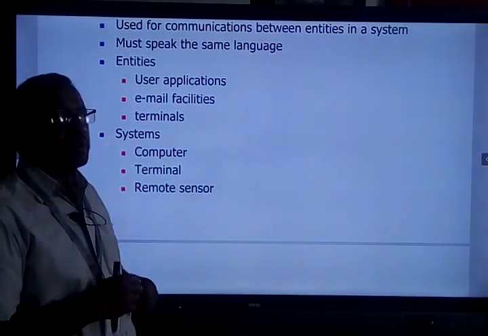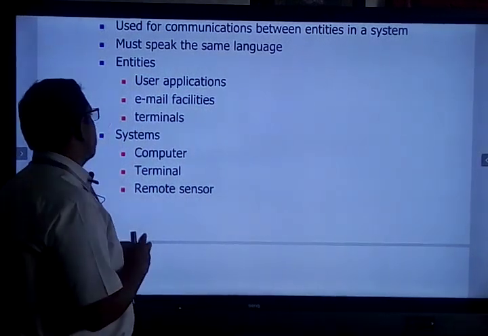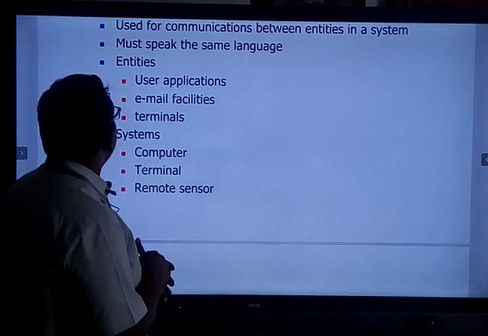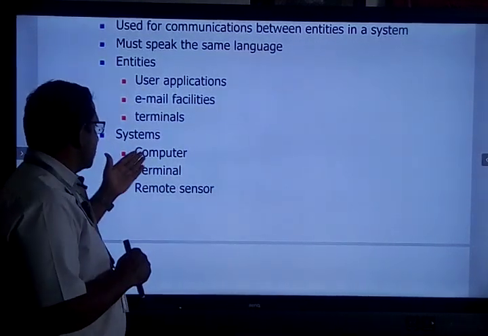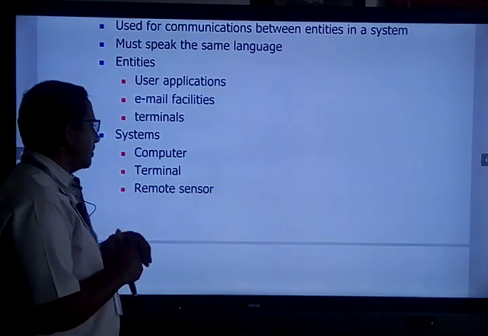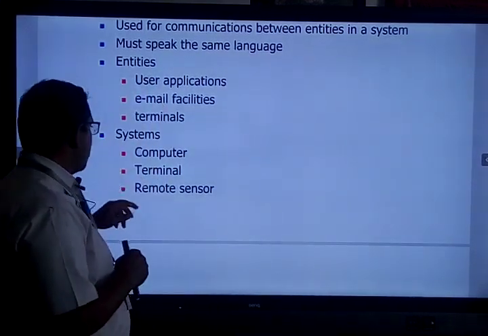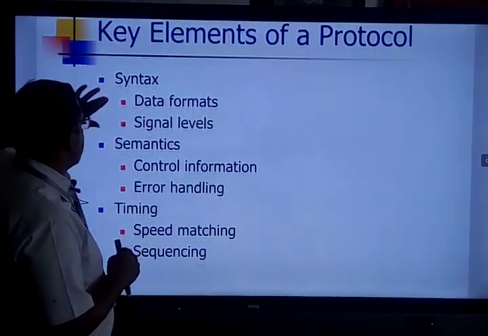And different types of terminals, peer-to-peer terminals and client-server terminals. And what type of systems are normally used in the protocol architecture? We are going to use computers, terminals, remote sensors and portable devices. These are the systems we are going to use.